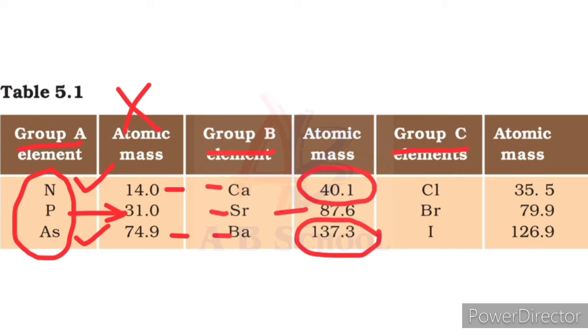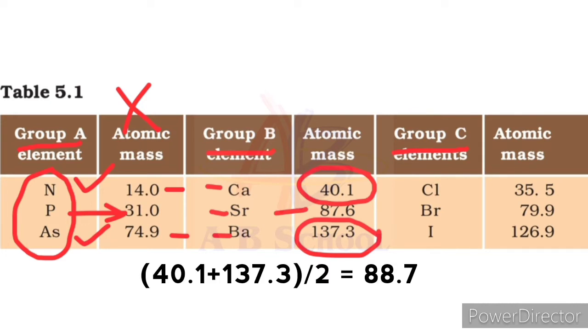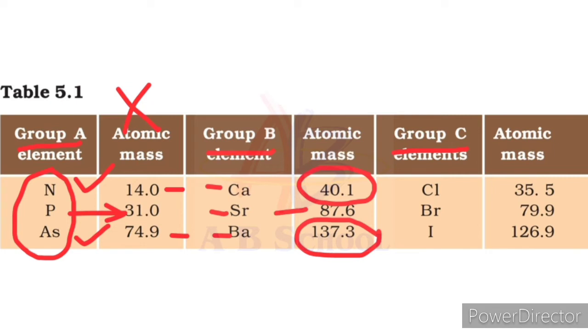Let us add 40.1 and 137.3 and divide that by 2. Here we would get 88.7, which is quite close to 87.6, which happens to be the original mass of strontium. That is, group B represents a Döbereiner triad.